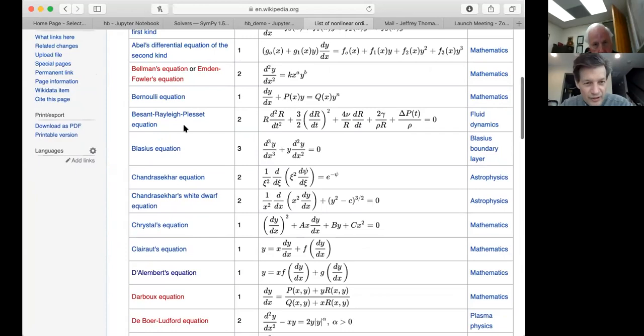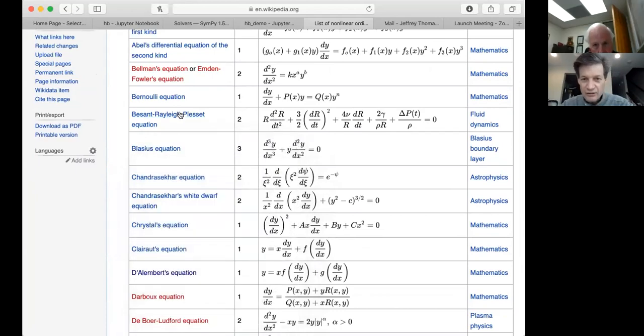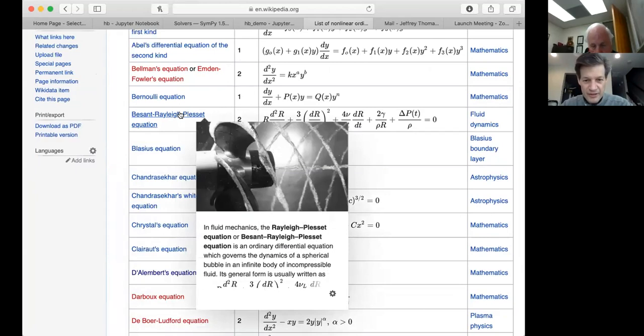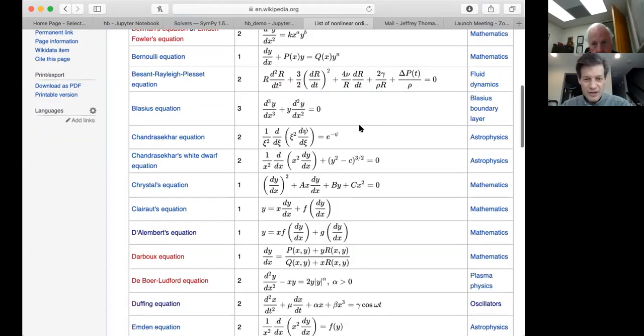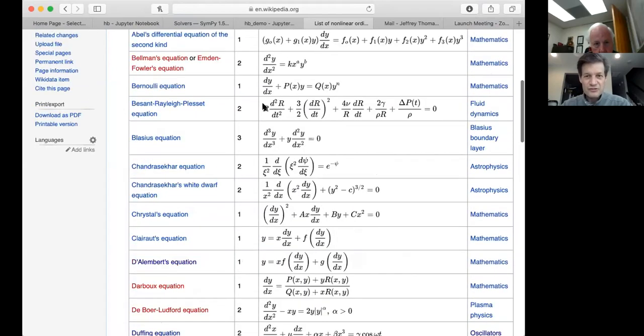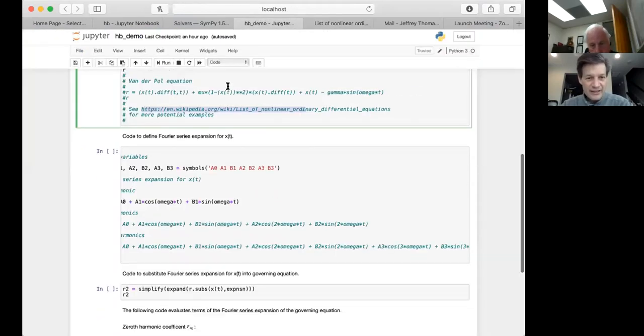One that caught my eye the other day was the Besant-Rayleigh-Plesset equation. It's a nonlinear equation that governs bubble dynamics, and it's given by this formula here, which is very nonlinear. But if anybody's interested in trying out some other differential equations, there's a whole bunch that might be of interest.